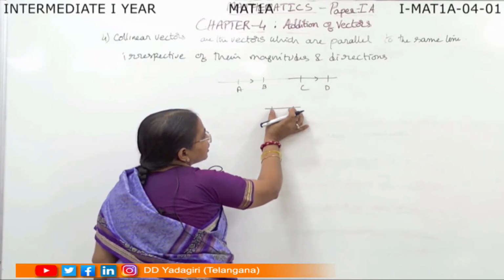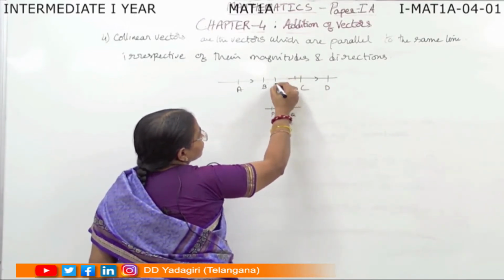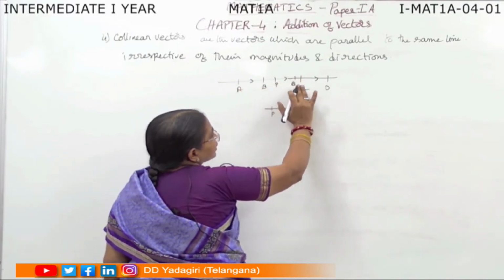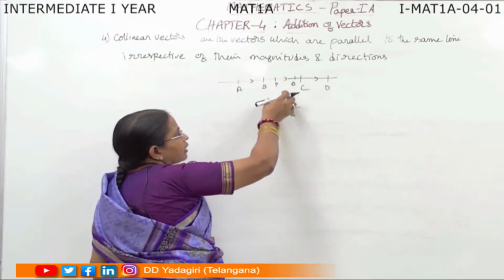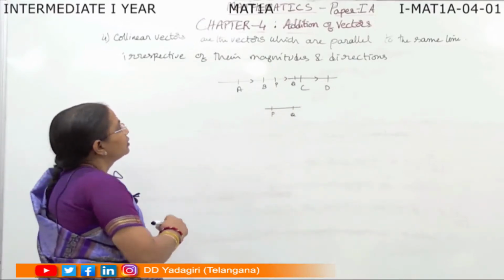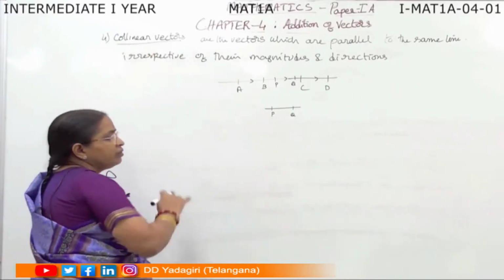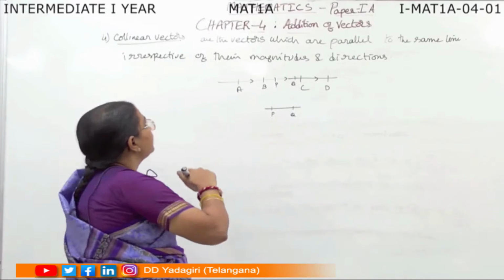I can draw a vector equal to this vector here. I can draw a vector PQ here also. So they are collinear. So AB vector, PQ vector, CD vector, they are all collinear vectors. So they can be parallel or they can be on the same straight line. So collinear vectors are the vectors which are in the same straight line or which are in parallel lines.